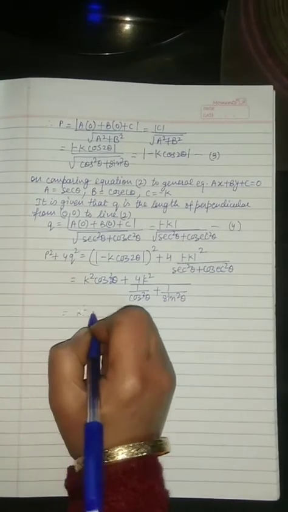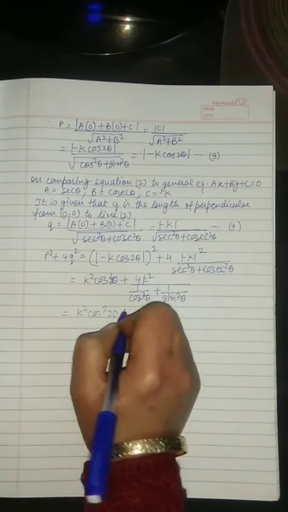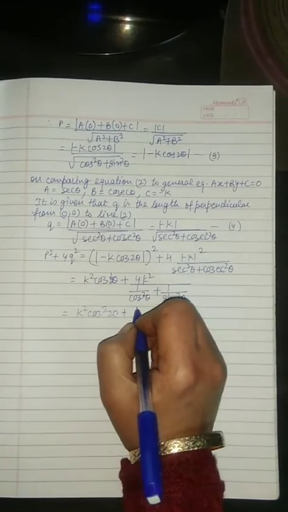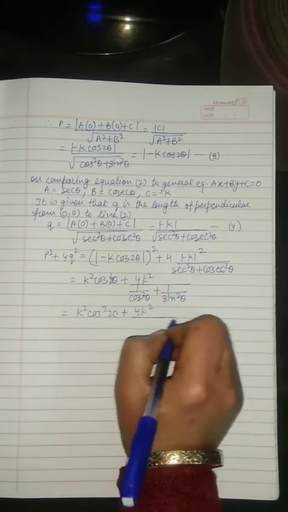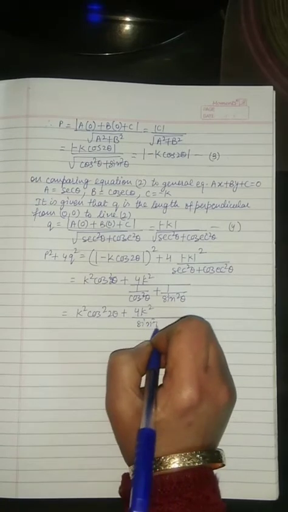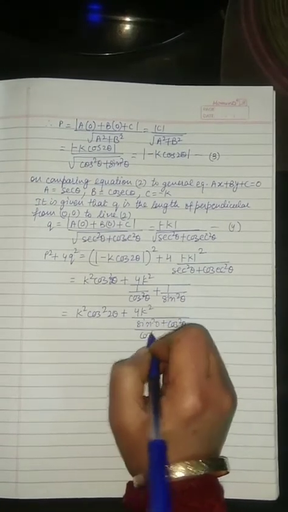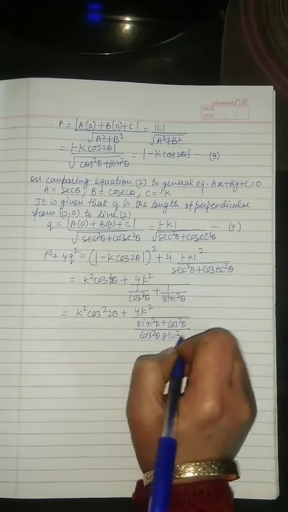So k square into cos square 2 theta plus 4k square. On taking LCM, in denominator we will have sin square theta plus cos square theta upon cos square theta into sin square theta.